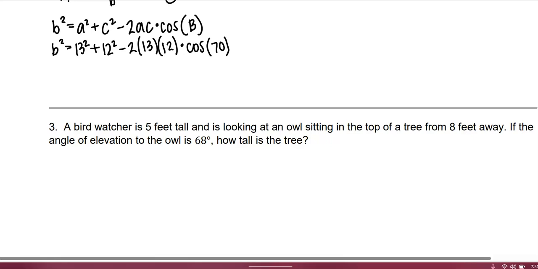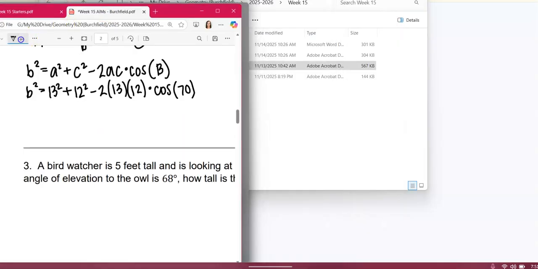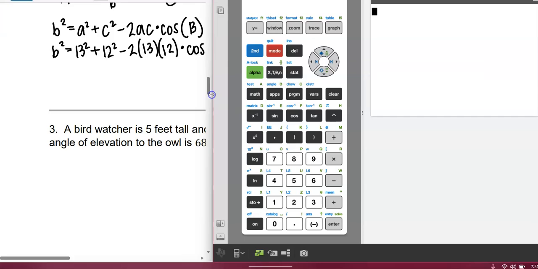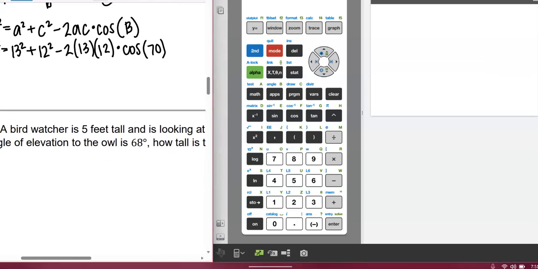That's what I'm going to type in. I'm going to split my screen so you can see it. So I'm going to type in everything after the equal sign: 13 squared plus 12 squared minus 2 times 13 times 12, and then times cosine of 70.